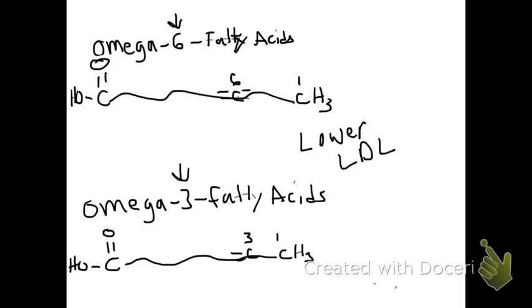Okay? Where do we find omega-3s and omega-6s? Mainly, we can find them in fish, oils, and plants. Now, we cannot produce omega-6s and omega-3s in our bodies at all. So we have to get them through our food. So these are called essential fatty acids.